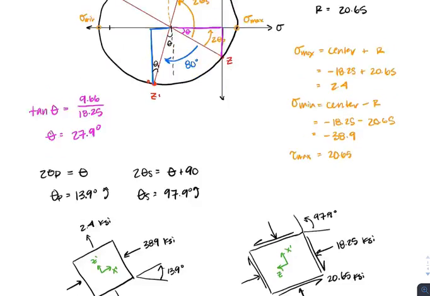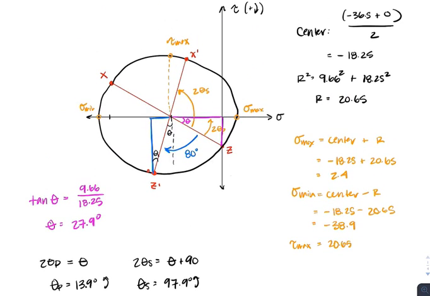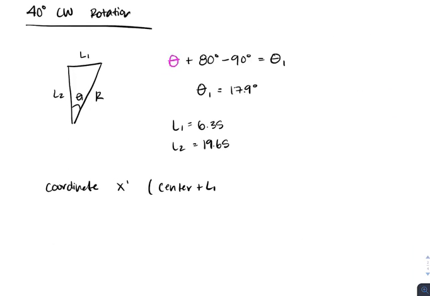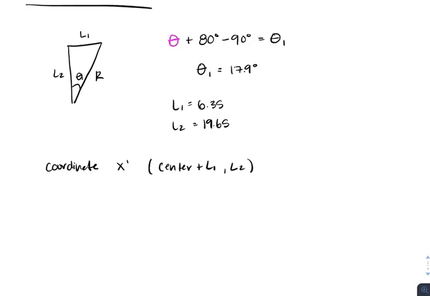That's going to be our first term, and if you look back up at our Mohr's circle, this point right here, our x prime, is the center plus our L1 term, which is the same term value that we found for this triangle, the same triangle up there. And then the second term is just going to be whatever L2 is. So that's going to get us a value of negative 11.9 and a value of 19.7. I'm rounding up to 19.7. I know we said it was 19.65.